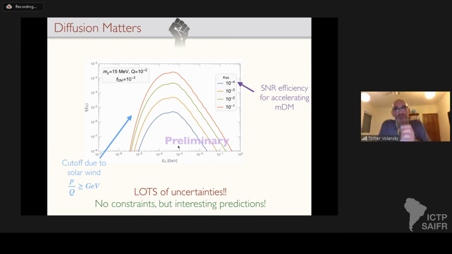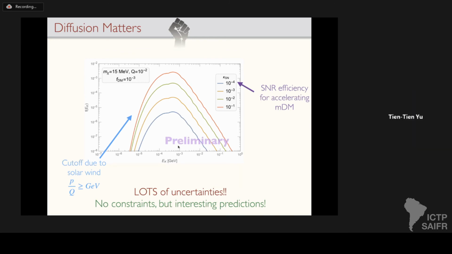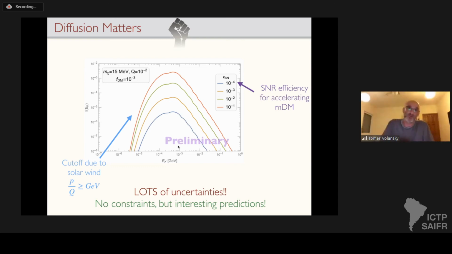Okay, can I ask a follow-up question to that? I think you probably already said this, but how sensitive is this to the magnetic field model? Because you said you could add these X fields and there's a lot of uncertainties. So how much could these lines change? I can't tell you.